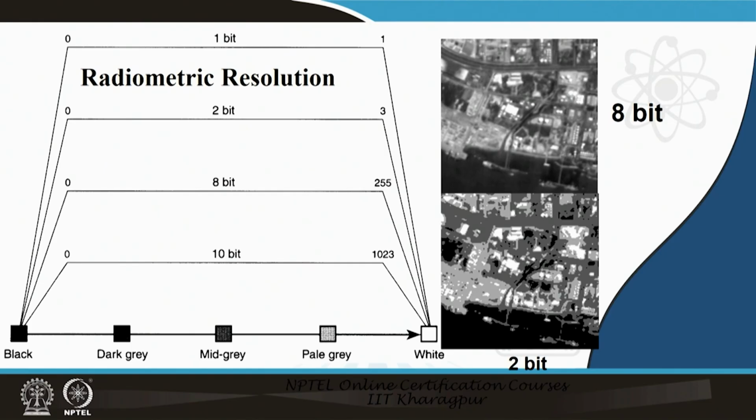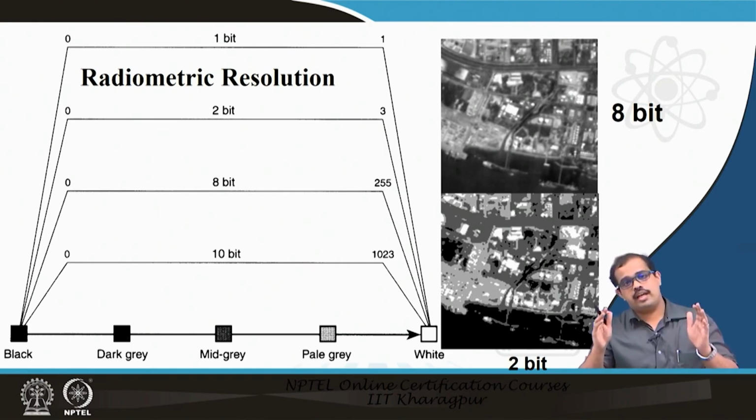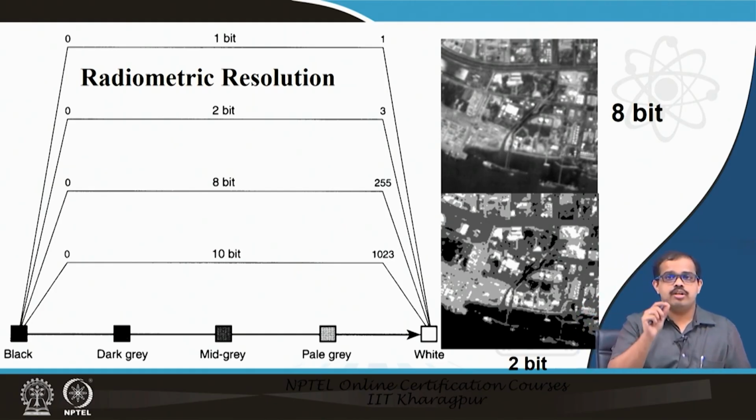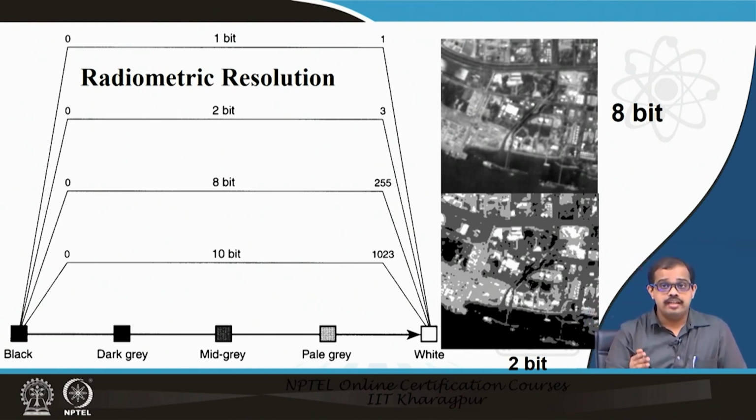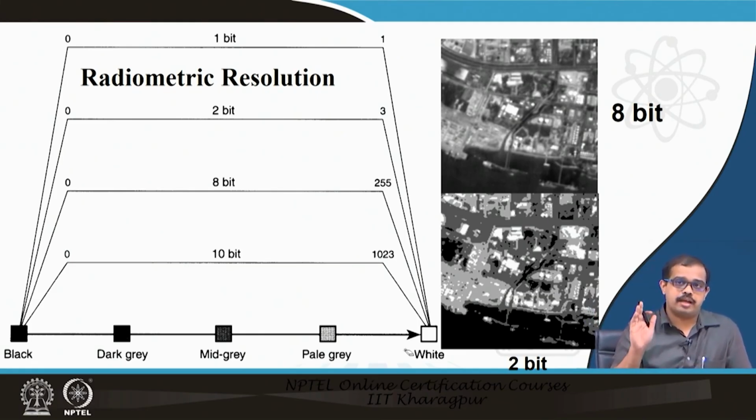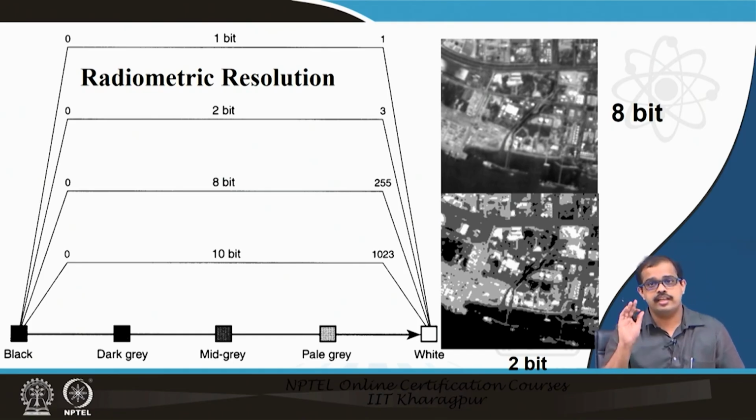For example, if your sensor can picturize that particular part of the earth surface in only 0 and 1, then it is called 1 bit, or radiometric resolution is 1. If it can capture between black and white, always your image captured in different sensors is in gray levels.